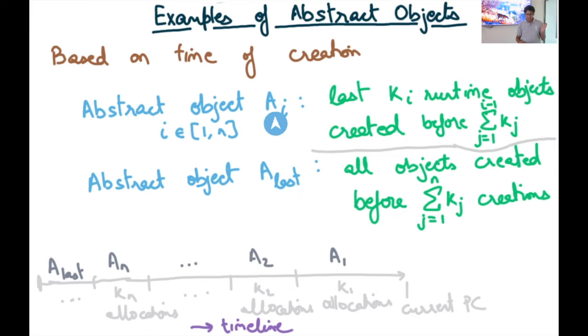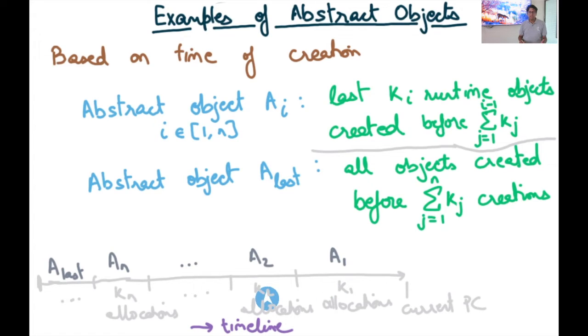And we say that an abstract object Ai represents the last Ki runtime objects created before all the objects that were represented by A1, A2, A3, up to Ai minus 1. To make this more clear, let's say this was a timeline of program execution. If I'm considering the program at this point in the execution, then the last K1 allocations, maybe for the linked list, are represented by abstract object A1.